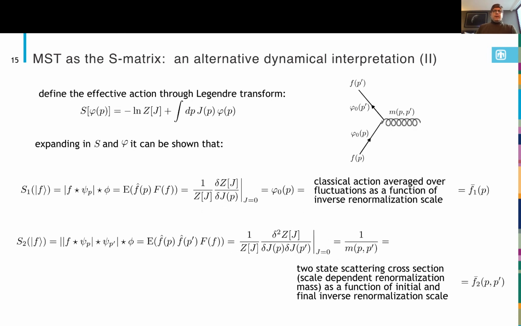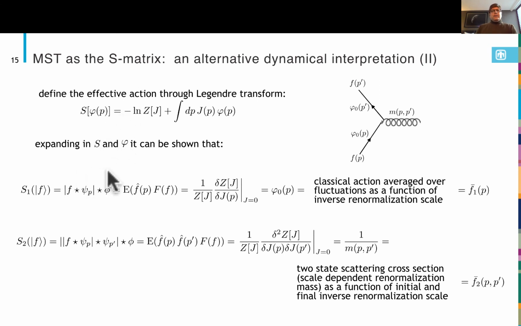Well, let's get a little bit more touchstone in terms of the first and second order scattering cross-section: define an effective action, expand it in terms of S and phi.